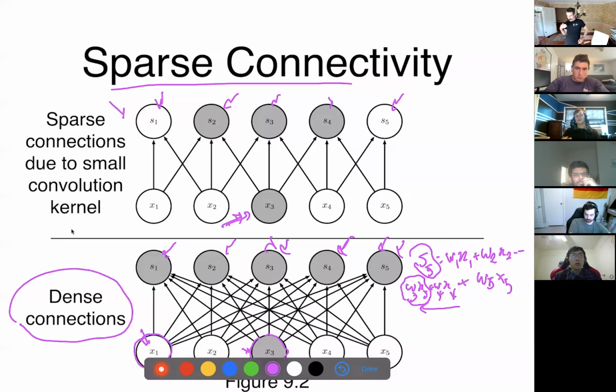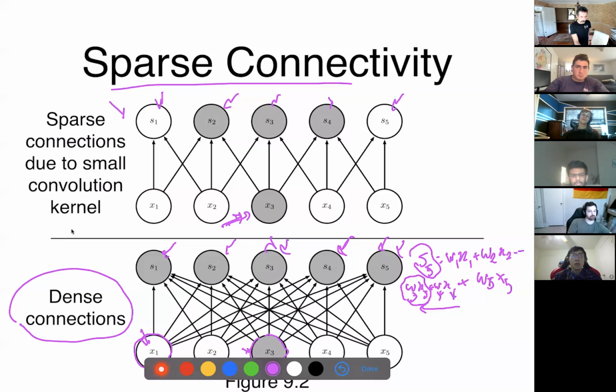But if you think about deep architectures, there is a concept called receptive field. If you think about G3, yes, G3 only depends on H2, H3, H4, but H2 sees H1, X2, and X3.